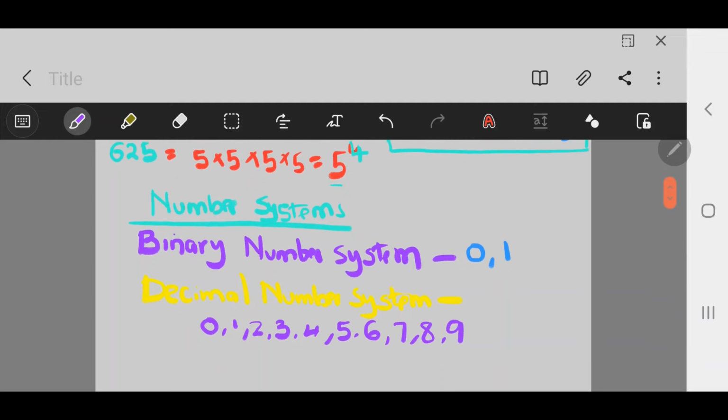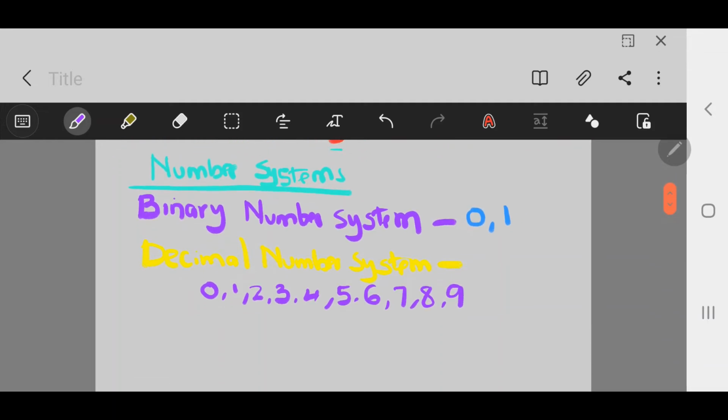These are 10 digits. We don't go to 10. We can model any number in the decimal number system using these digits from 0 to 9. That's what we actually use in everyday life.